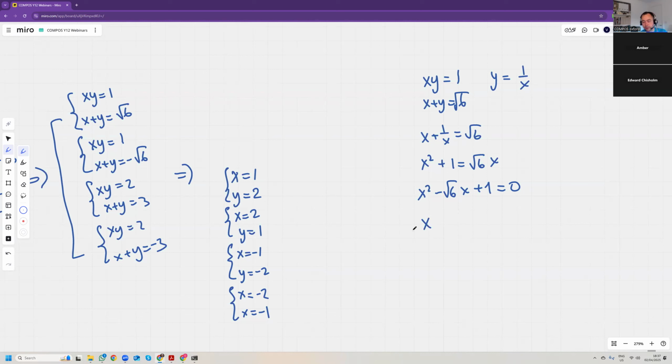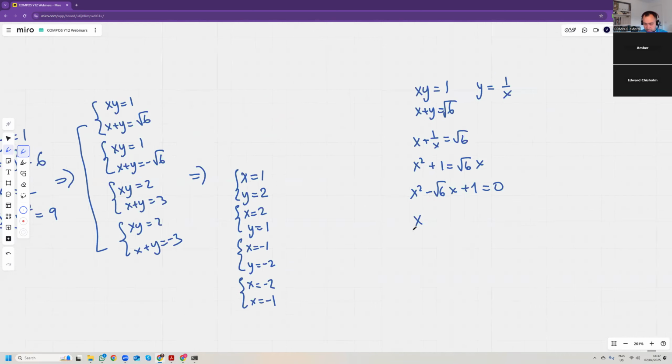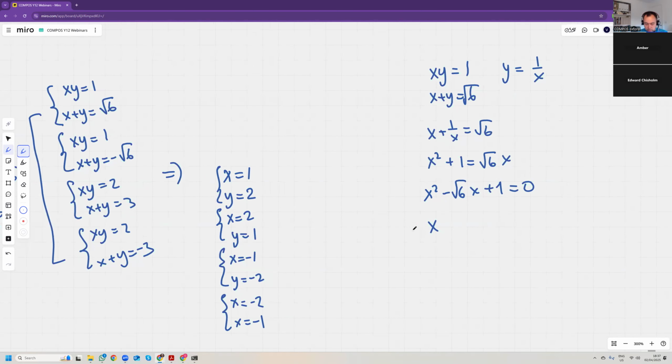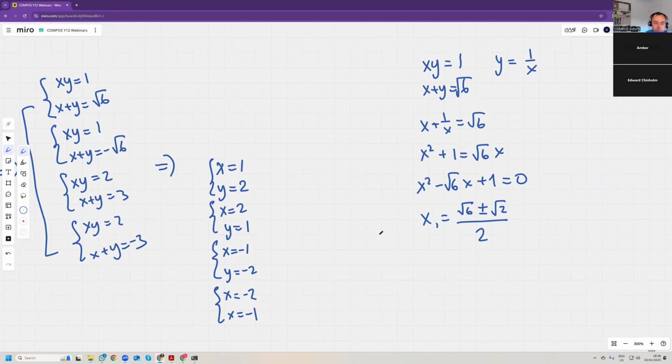Well, I'll have to use my calculator for that. Okay, so x is root 6 plus or minus root 2 over 2.